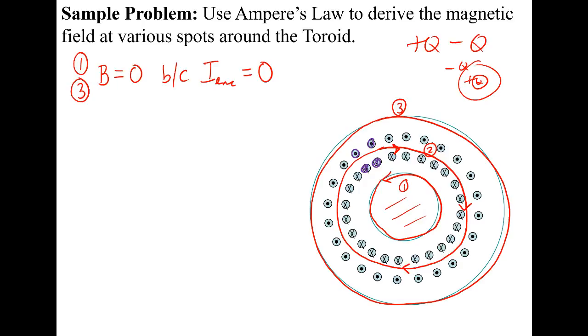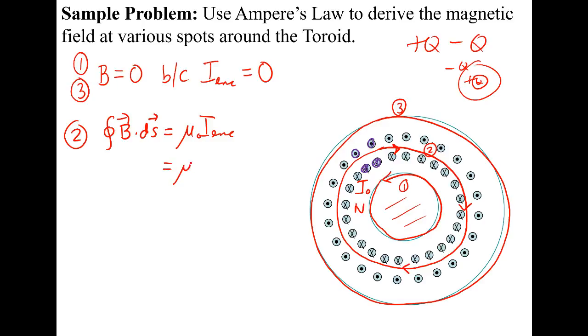And for that, we're going to set up Ampere's Law. So we're going to have the line integral of B dot ds is equal to mu naught I enclosed. Now what's I enclosed for this setup? Well, each of these wires has a current I naught, and there are capital N of them.